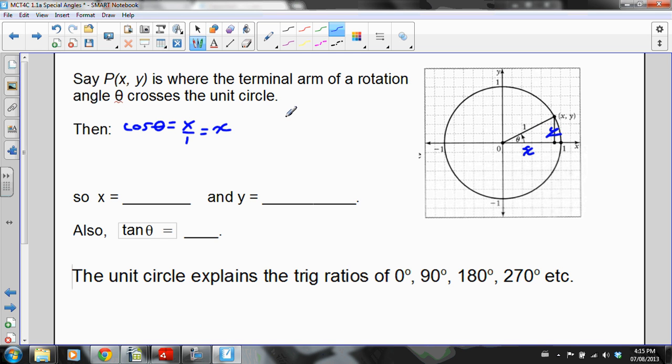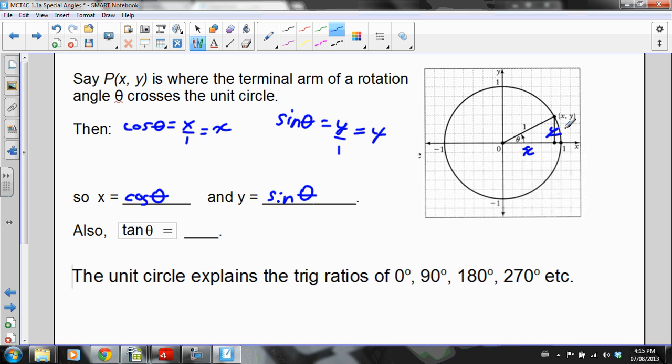Similarly, if I wanted to find the sine of theta, it's opposite over hypotenuse, which is just y. y divided by 1 is just y. And so when I have a point here, the x-coordinate is the cosine, and the y-coordinate is sine.